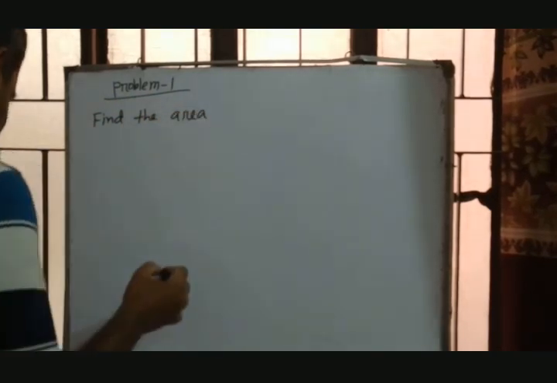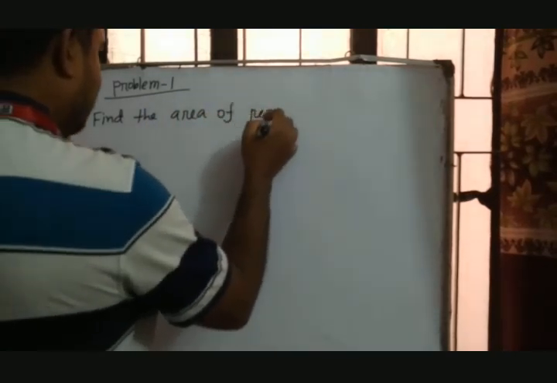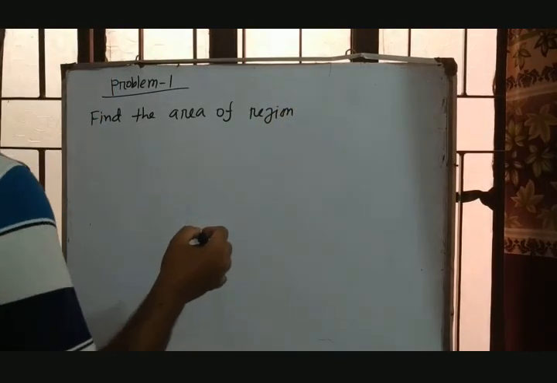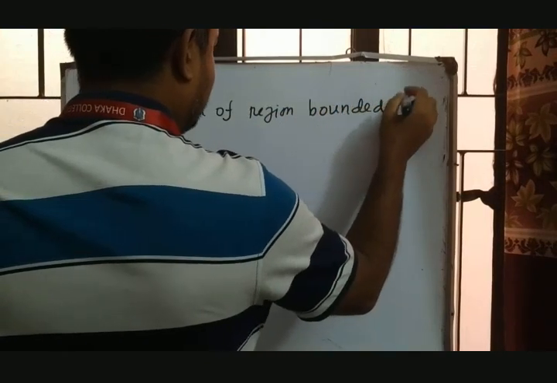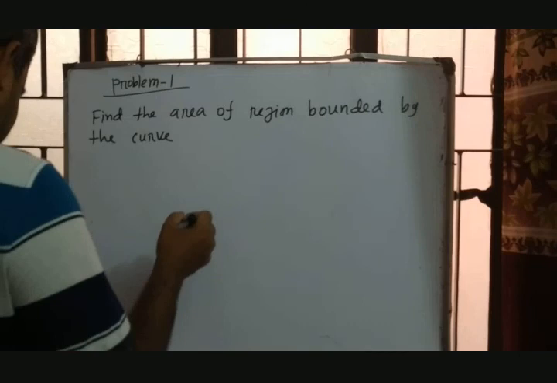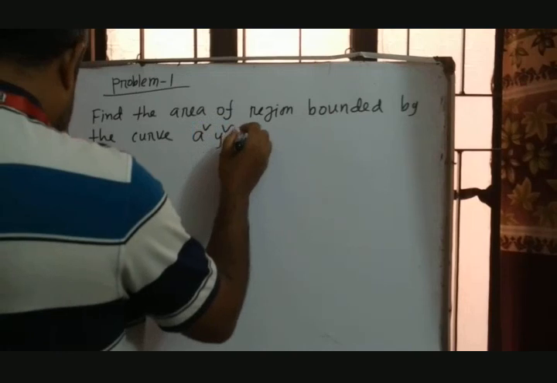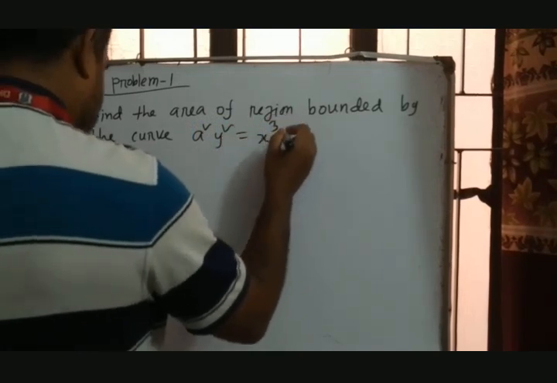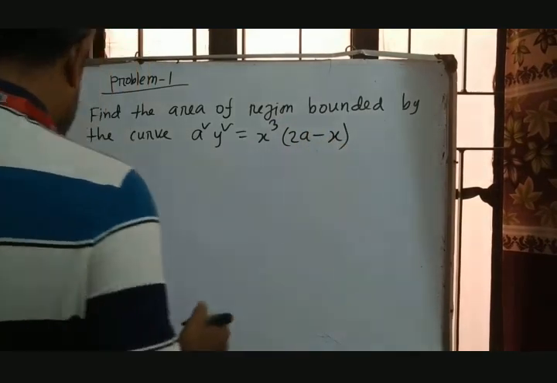Find the area of the region bounded by the curve a square y square is equal to x square times twice a minus x.